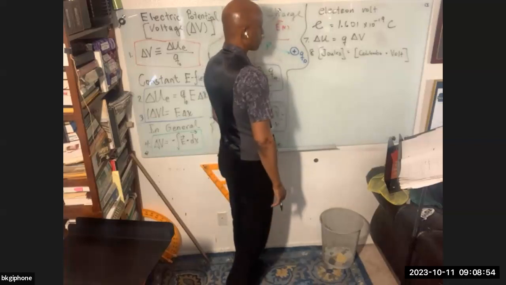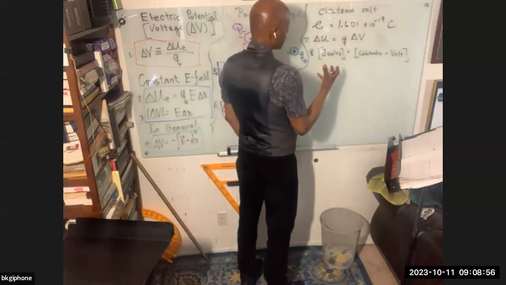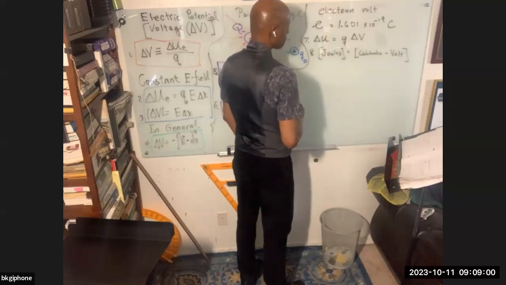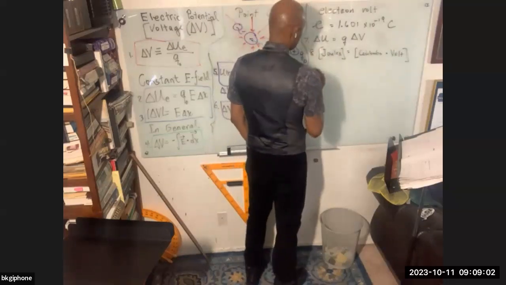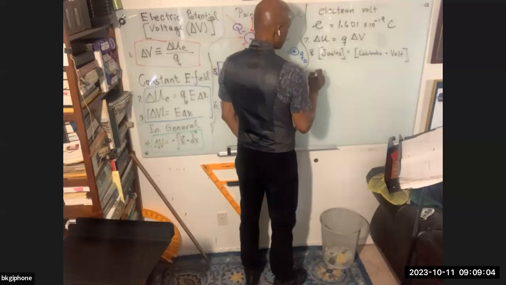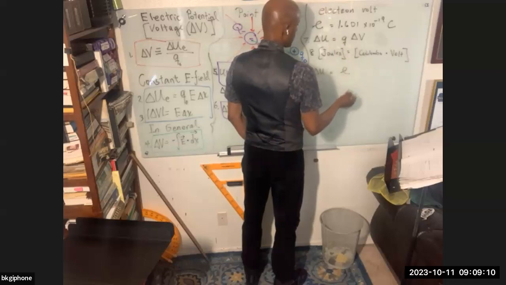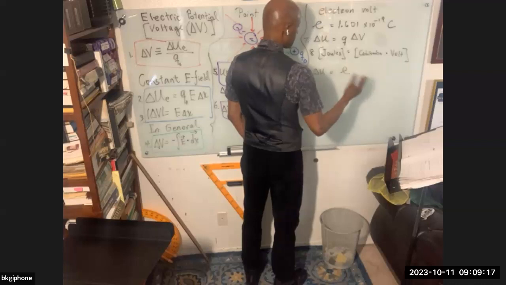So in order to determine the electrical potential energy associated with an electron, you just simply multiply the value of the charge e times the potential associated with it.